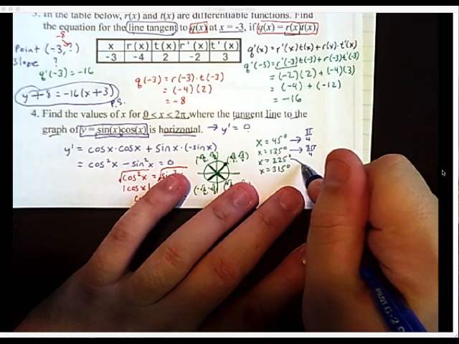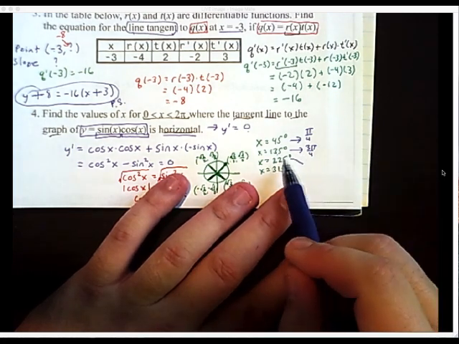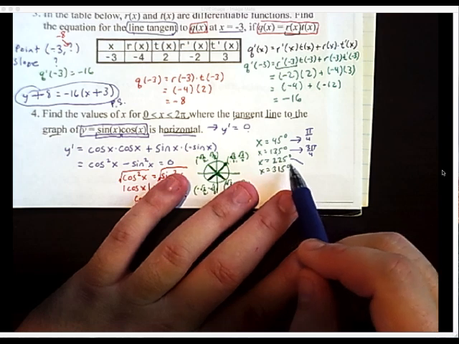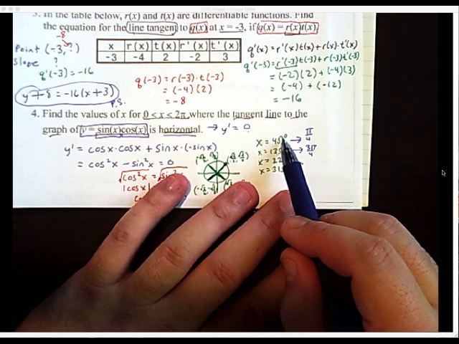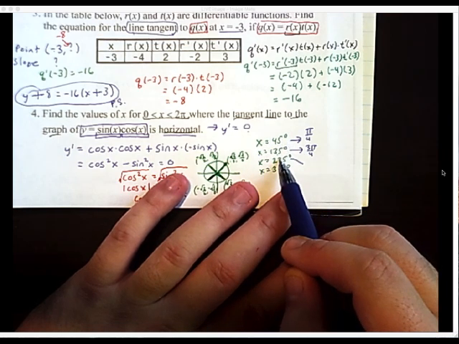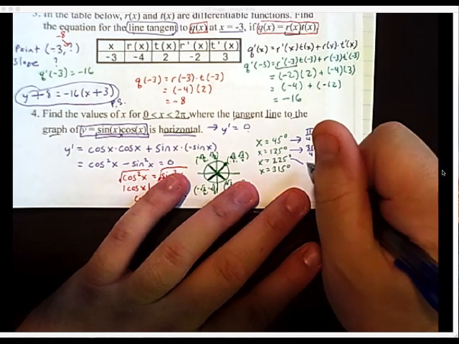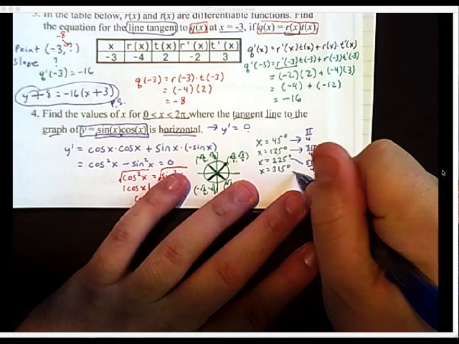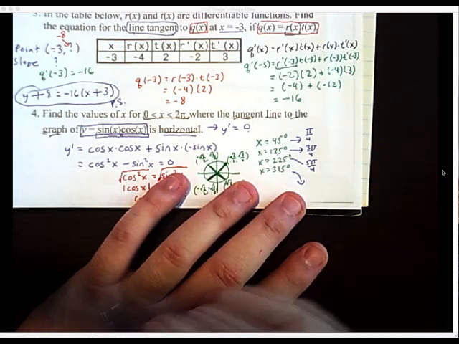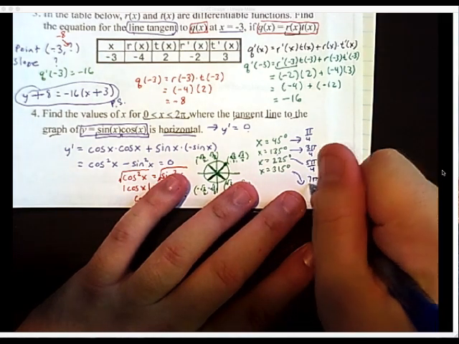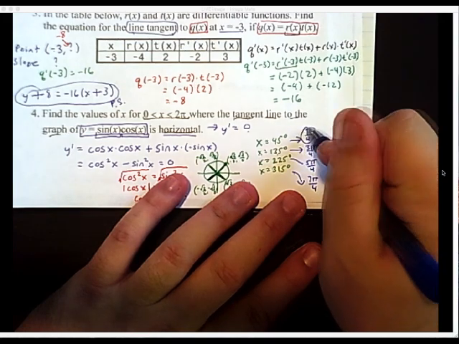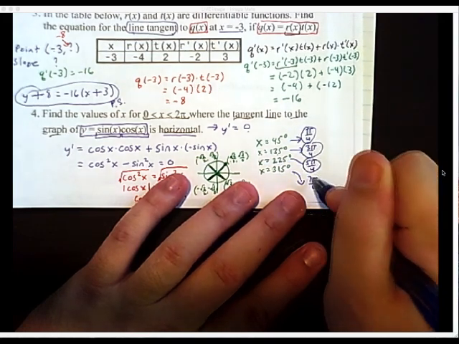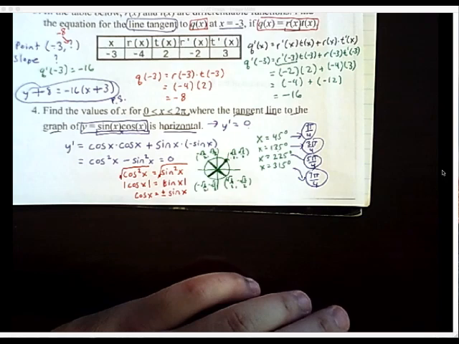To get 180 is pi, so if you do pi plus 45, 180 plus 45 gets me to 225. So pi plus pi over 4 is 5 pi over 4. And this is 7 pi over 4. So these are all the x values in radians. We always want answers in radians.